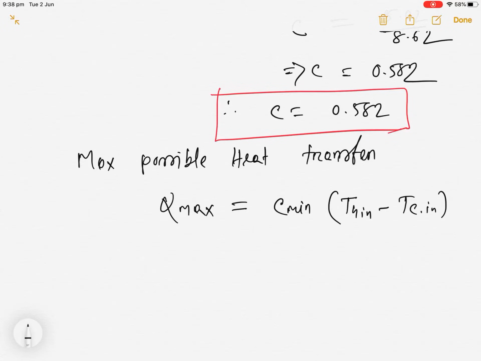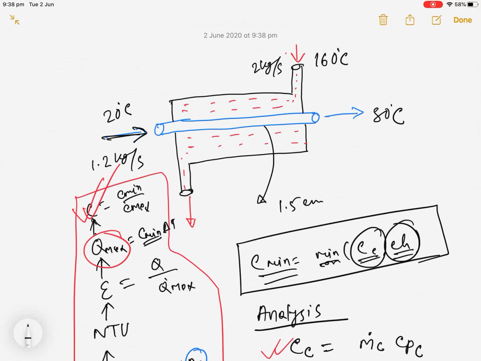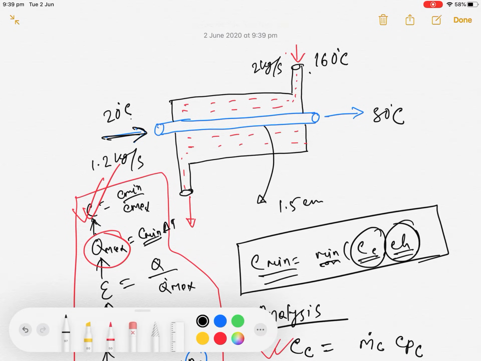Definitely it is T hot fluid inlet and the cold fluid inlet. So here, see what I write down, C min, and this is the temperature difference, the hot fluid inlet and the cold fluid inlet.